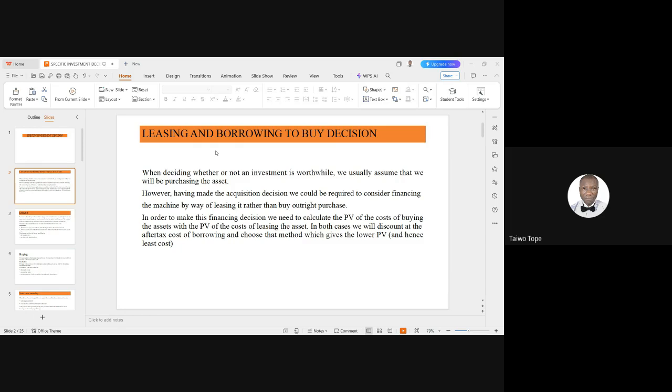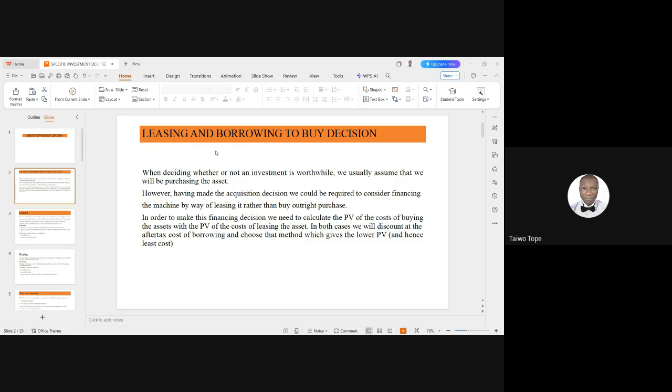And when we look at the leasing option, it entails the regular lease rentals paid over the lease period. You look at the tax relief available on the lease payments, and also the issue of discounting, because these payments happen at different times. So we can't just compare raw figures.